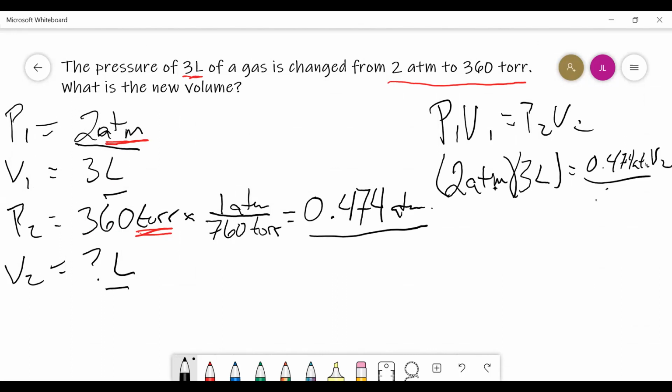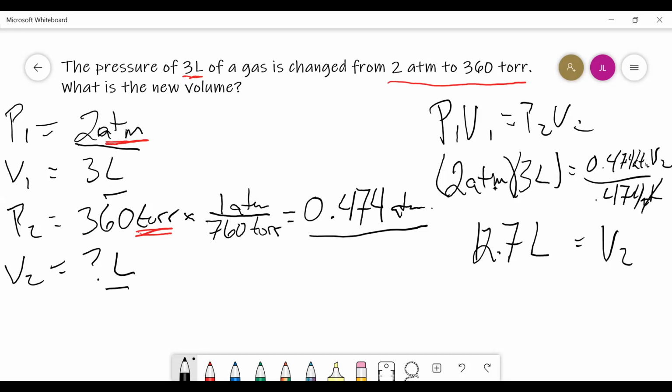Divide both sides by 0.474 atmospheres. Our atmospheres cancel out. We're left with V2 equals 3 times 2 divided by 0.474, which gives me a grand total of 12.7 liters.